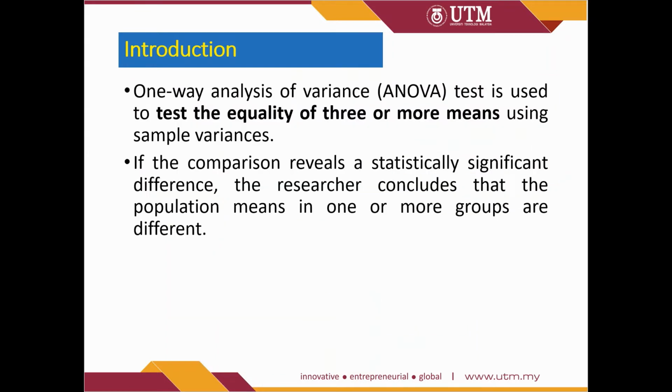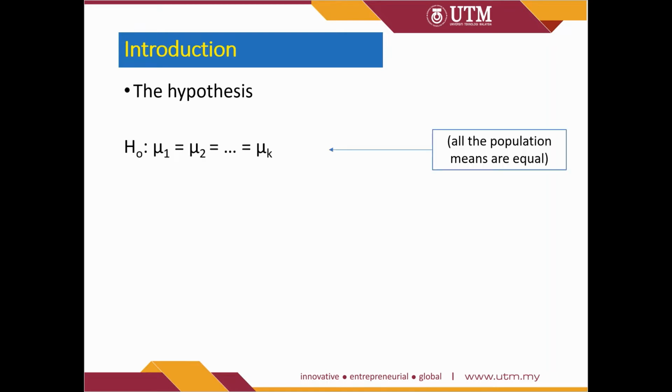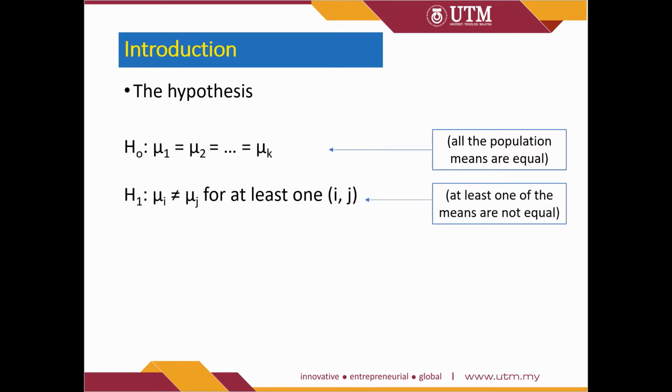One-way ANOVA test is used to test the equality of 3 or more means using sample variance. If the comparison reveals a statistically significant difference, we can conclude that the population means in one or more groups are different. This is the hypothesis: the null hypothesis shows that all the population means are equal, given K is the number of levels.